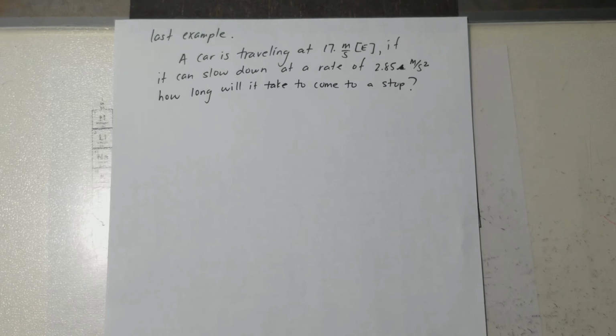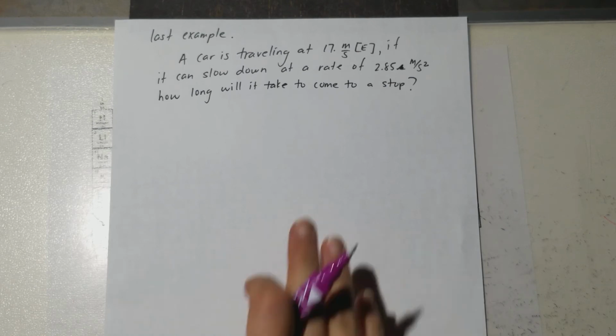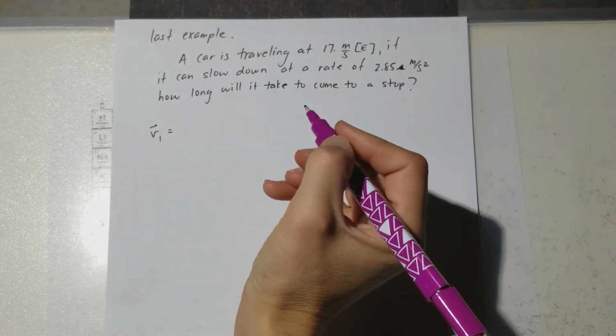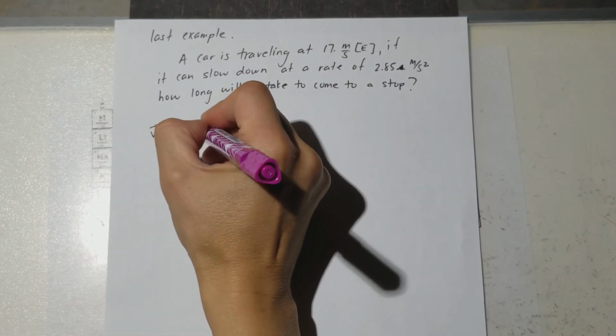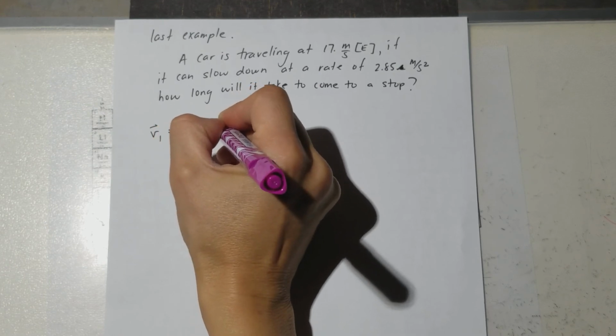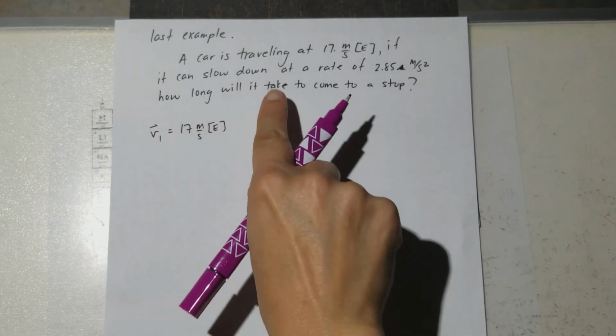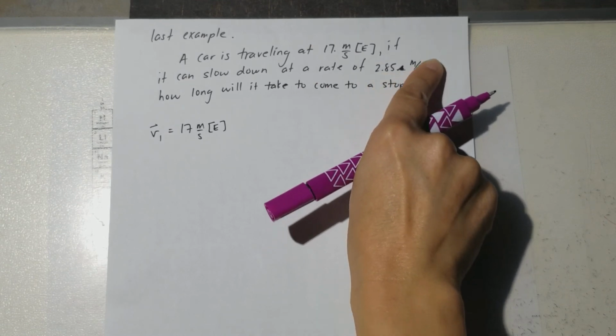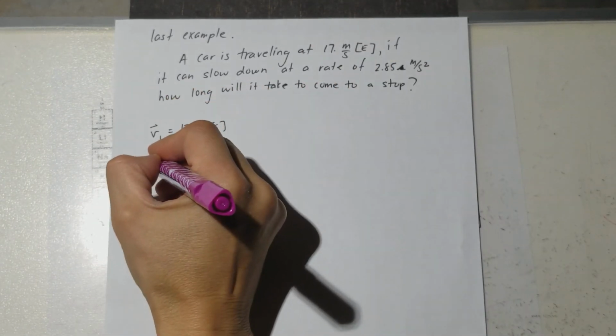So let's see what we have been given here. Okay, we're given the initial velocity because it said it's traveling at 17 meters per second. It won't always be obvious. Okay, and it can slow down at a rate of 2.85 meters per second squared. So right there is my acceleration.